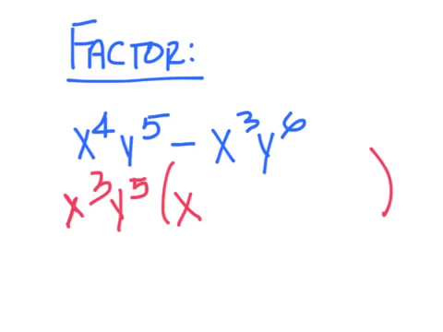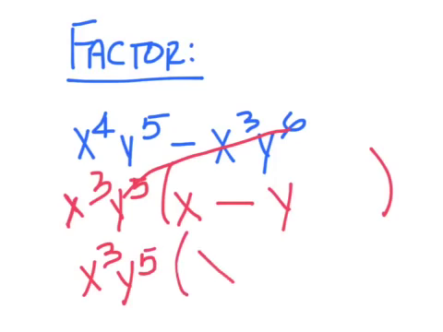What sign goes down? Minus, because we have a positive out here, so you keep the sign that was inside. X to the third times what is x to the third? 1, no need to write it, at least not yet. And y to the fifth times something is y to the sixth, just y. So that's it, it's x to the third, y to the fifth, times the quantity x minus y.